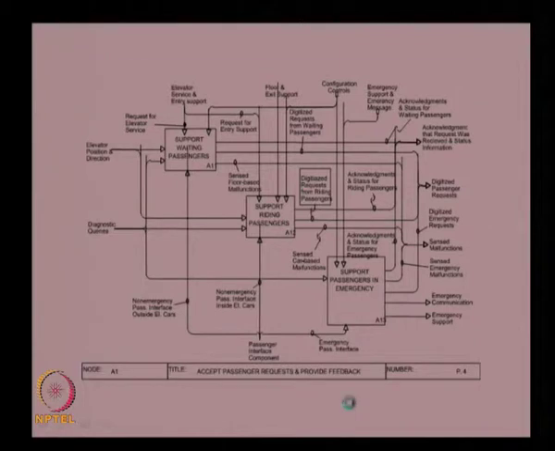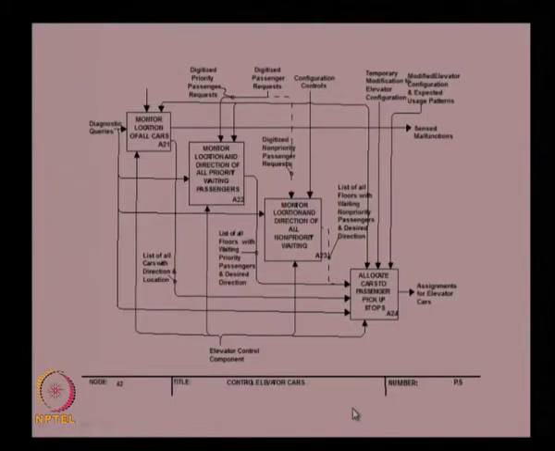Similarly we can have an A2 diagram also. In this A2 diagram, from the level 1 diagram, we take the A2 function, which is control elevator cars, and divide it into sub-functions A21, A22, A23 and A24. This is the A21 function, which is monitor location of all cars.